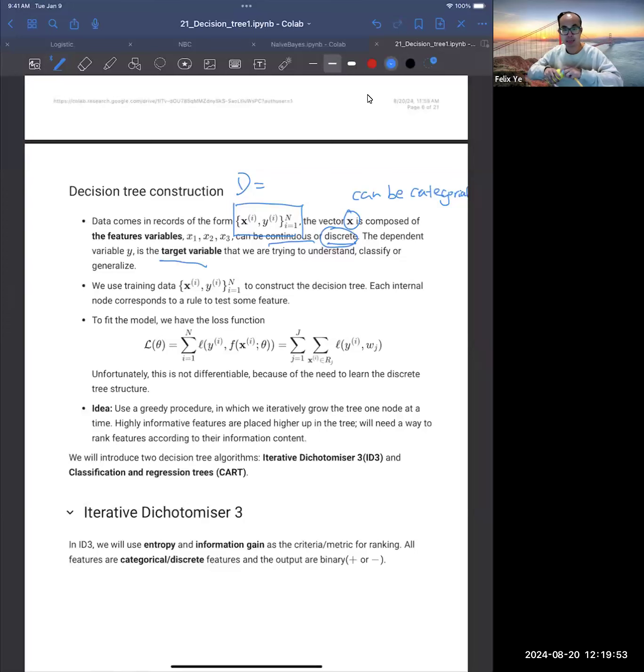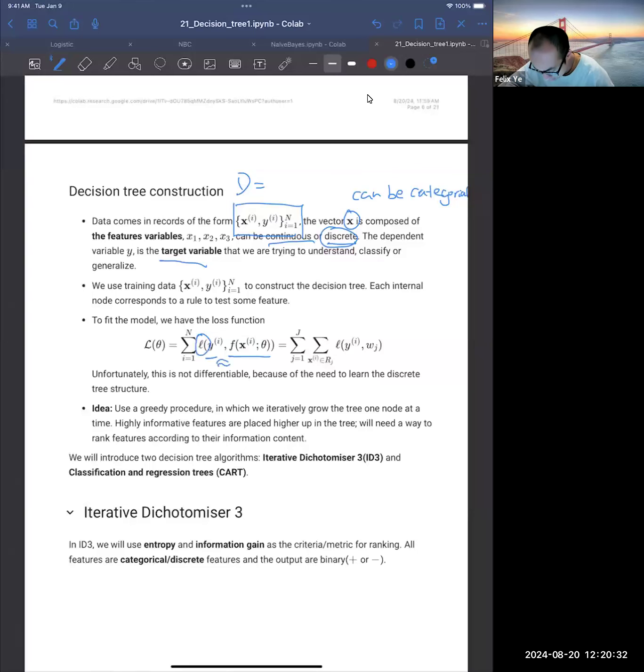So we will use the training data to construct the decision trees. And of course, each internal node will correspond to some rule to test some feature. To fit some model, we have our predictions, and then we have the target right here. And again, we're going to come up with some loss function. Hopefully, if these two are close, then this loss value will be small. If they are far away, then the loss function will be large.